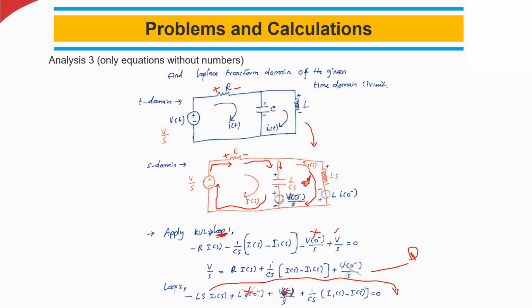So there are different ways to write the mathematical equations. I think you have studied these ideas in your network theory. I'm not going into the deep detail, but you have to know the basics. Now our target is how to use the Laplace transform, how to convert the circuit from time domain into S domain. That's all. Thank you.